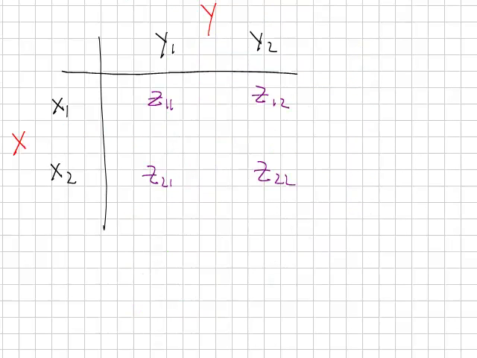Let me formalize this method. Given a set of tabular values where we have x and y and corresponding z values, and we want to find the value corresponding to an intermediate x and y, we identify the bounds for x and y values. I've written them here as x1, x2, y1, y2. And the corresponding z values, tabular values, z11, z12, z21, and z22.